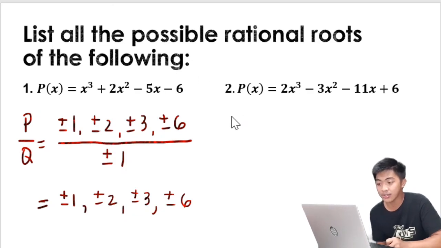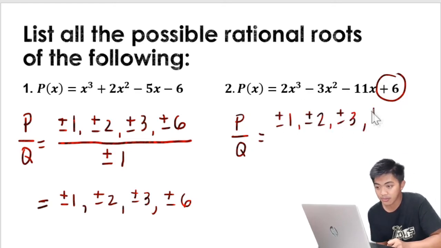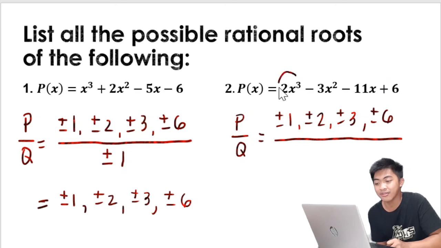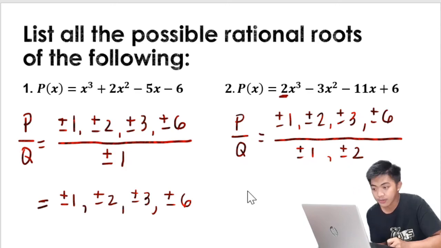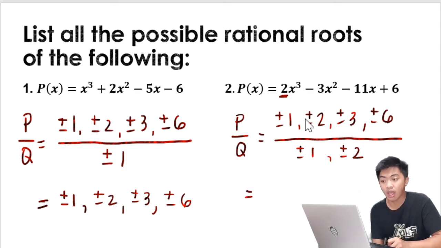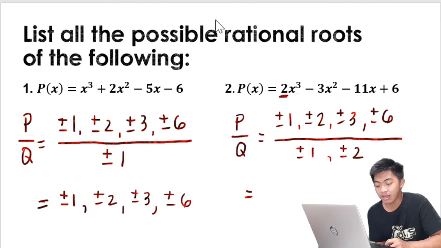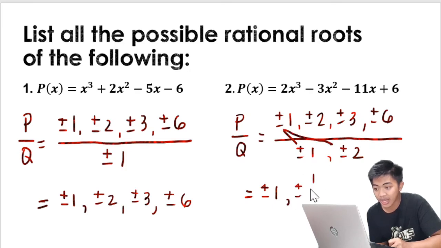So in number 2, P are the factors of the constant term. Q naman is the factors of the leading coefficient. So ang leading coefficient natin dito ay actually 2. So that is positive negative 1 at saka positive negative 2. So the possible rational roots of this polynomial are, if we divide this, that will be positive negative 1. That is positive negative 1/2.